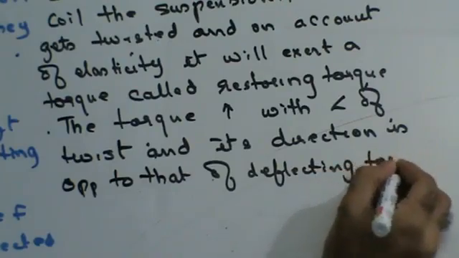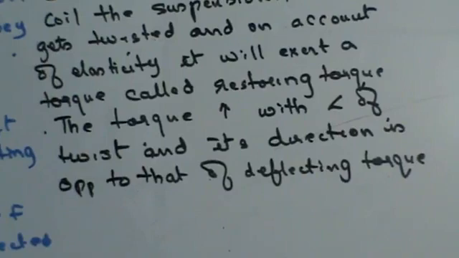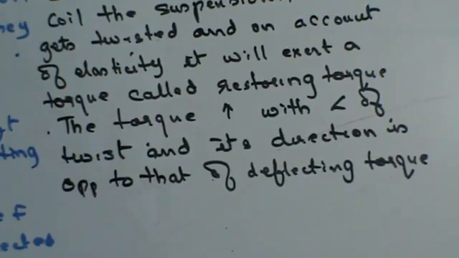Right? Hence for any angle of deflection, the deflecting torque will be equal to the restoring torque, because the deflecting torque is going to be produced by the current that is flowing through the coil, and an equal and opposite amount of torque is going to be produced by the twist of the suspension fiber, right?